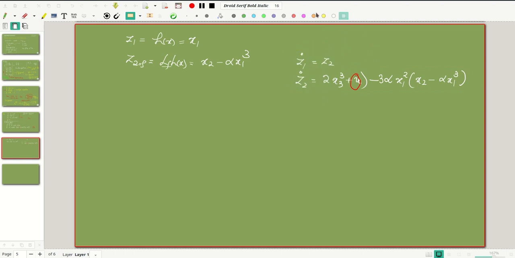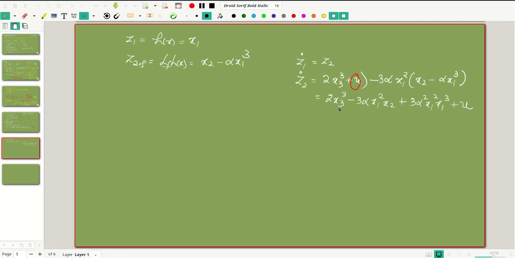So this becomes equal to, we will write it neatly as 2x2 cube x3 cubed minus 3 alpha x1 squared x2 plus 3 alpha squared x1 squared x1 cube plus u, right?